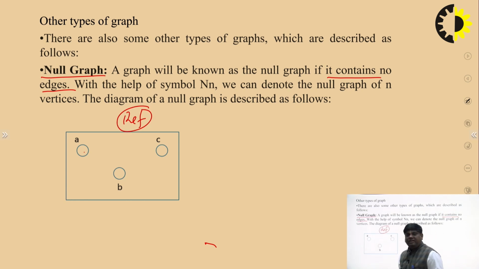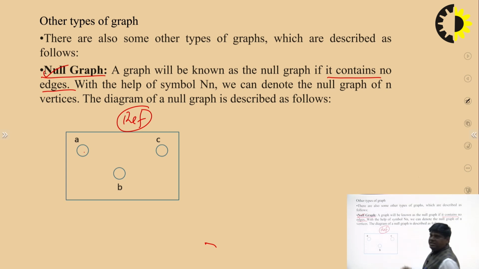It means A is related to itself, C is also self-related, and such a graph is known as the null graph. Only the reflection of the nodes is given, and that graph is known as the null graph.